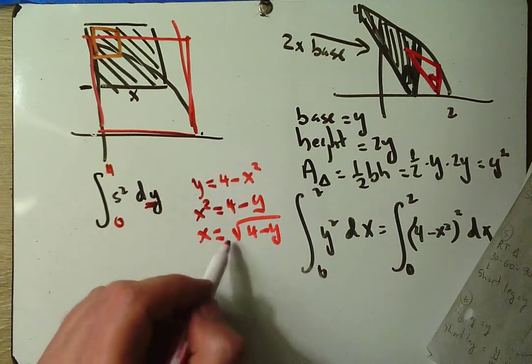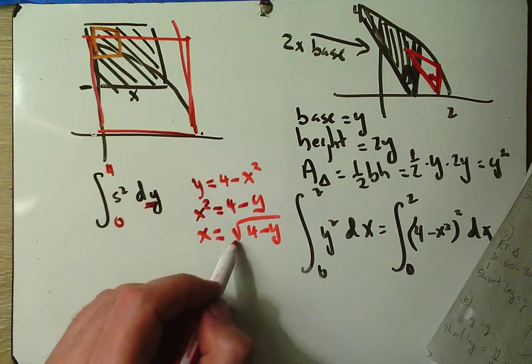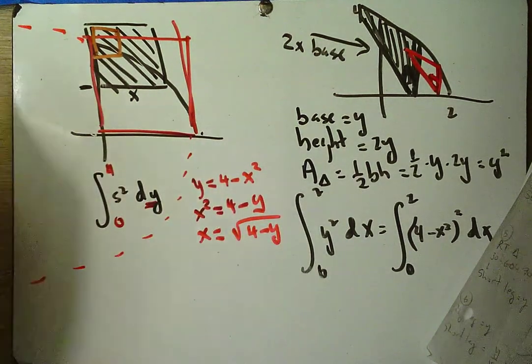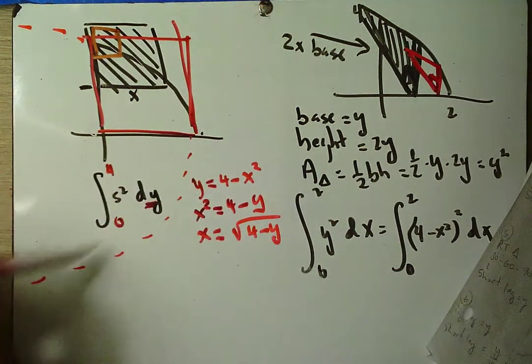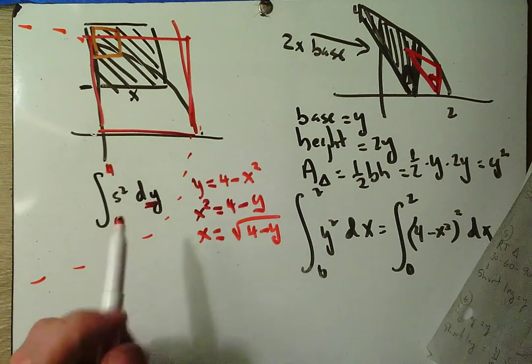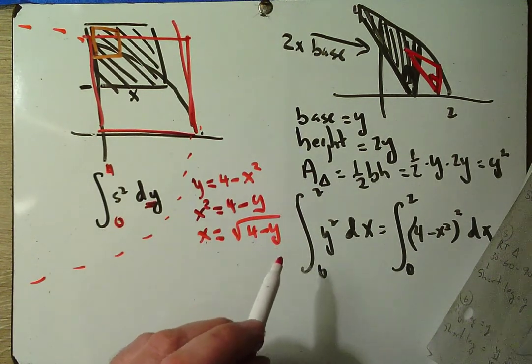Why don't I have to worry about the plus and minus here? Well, let's think about what this would be if we had the plus and minus. It would be this sideways parabola, and we don't have this bottom part. We only have the top part, so we're only looking at positive. So x is equal to the square root of 4 minus y.